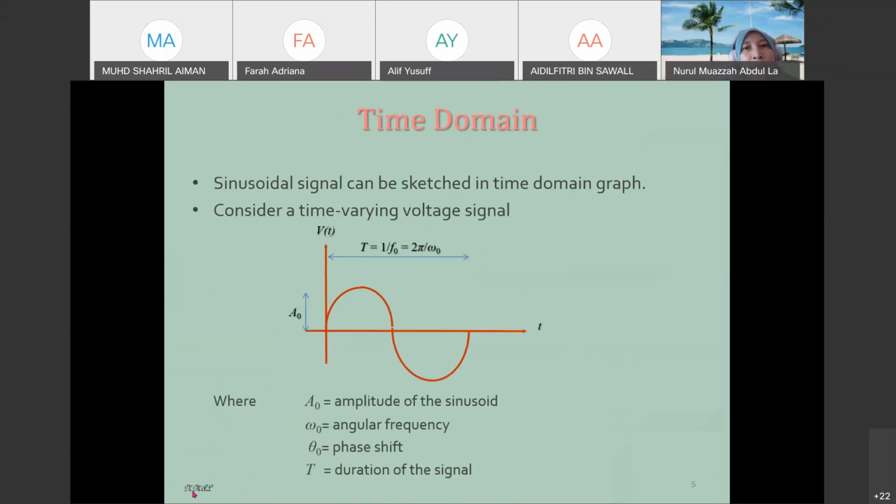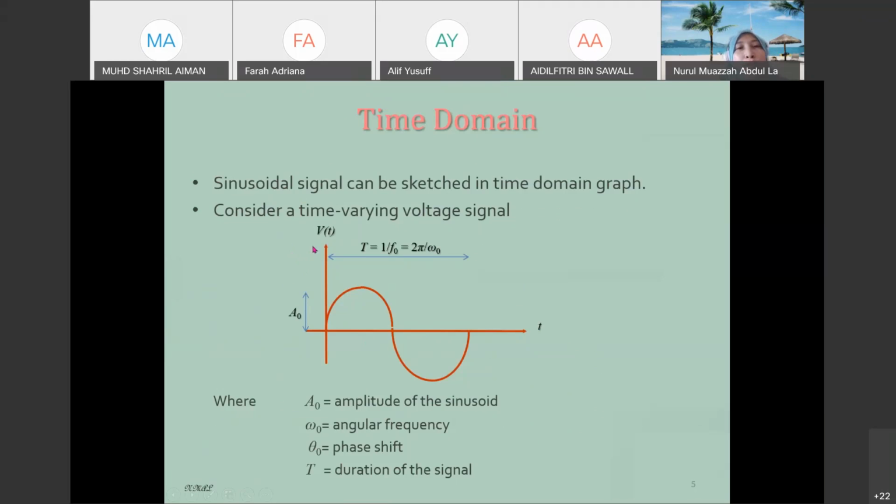So for time domain, this is the time domain graph. Let's consider that this is a time varying voltage signal. Not only voltage, you can plot in terms of current also, or any other values of the amplitude.